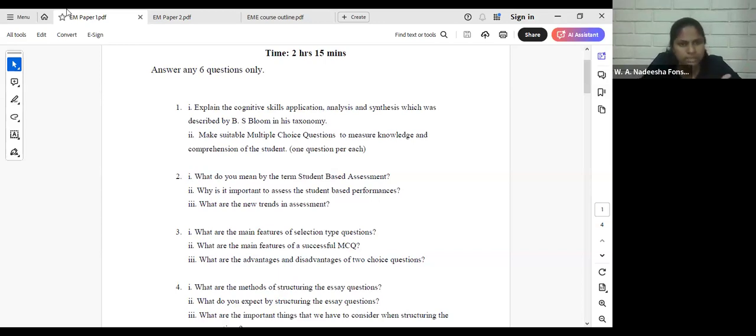So when you make multiple choice questions, you have to remember what are the things we have to consider about MCQs, how to prepare the responses. So consider those things and make two MCQs. It's very easy.